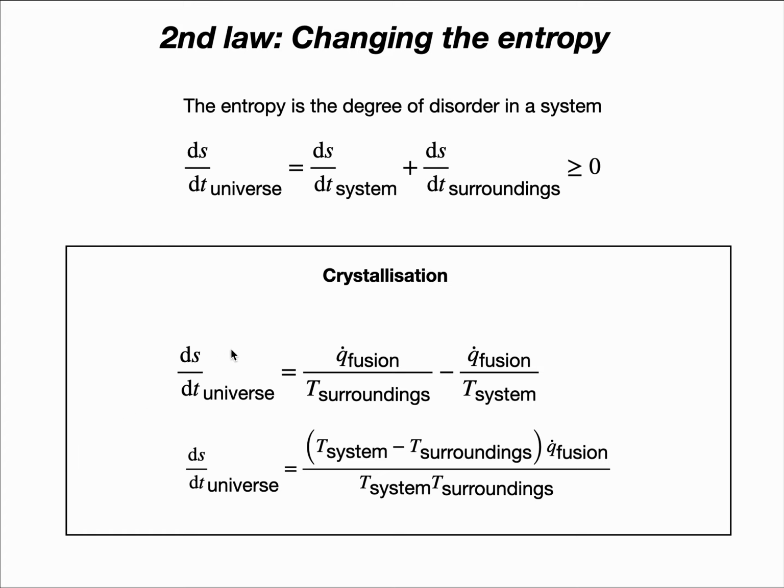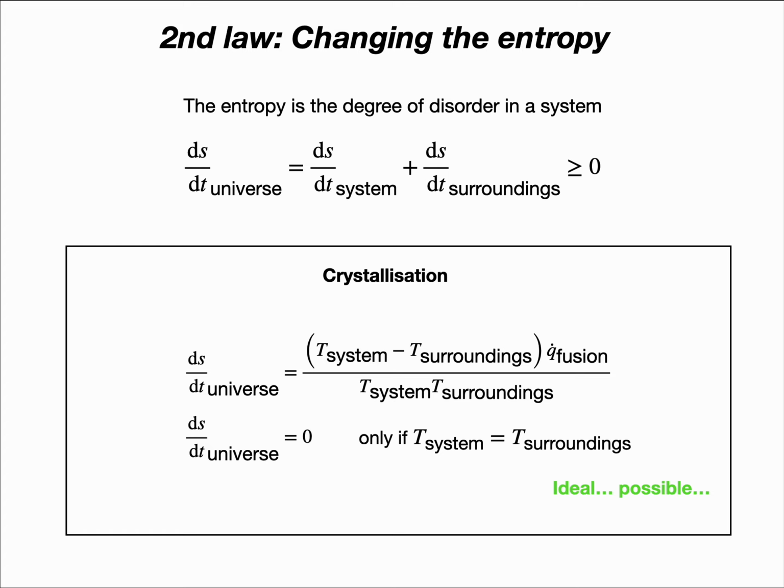So let's make the sum of the two. dS/dt of the universe is now Q dot fusion divided by T surroundings minus Q dot fusion divided by T system. You can factor Q dot fusion, and you get T system minus T surroundings divided by the product of the two temperatures. So we have now an equation which is very similar to the heat transfer we discussed last time.